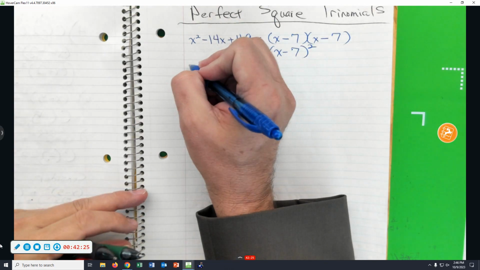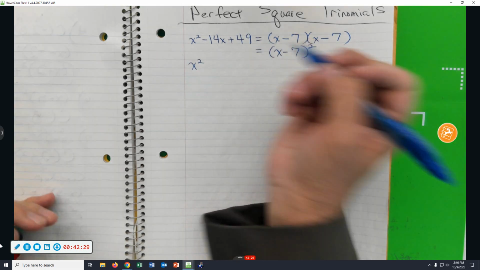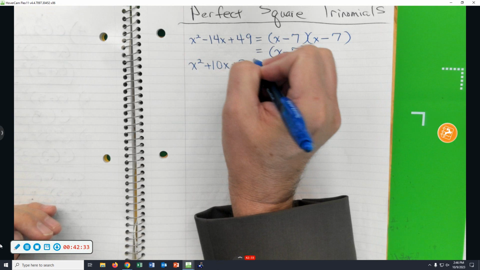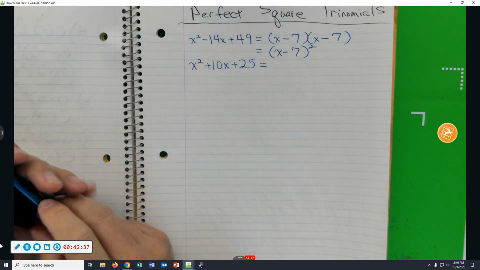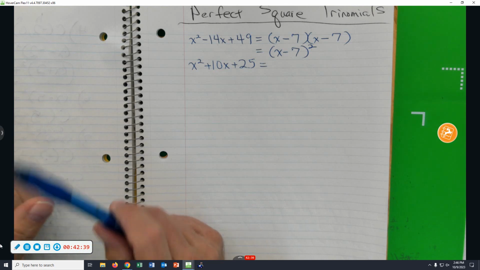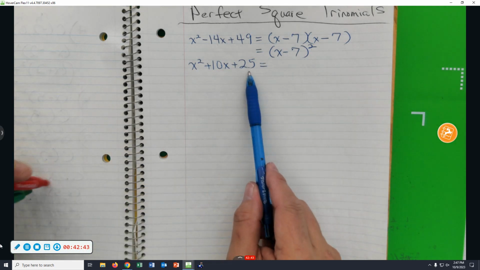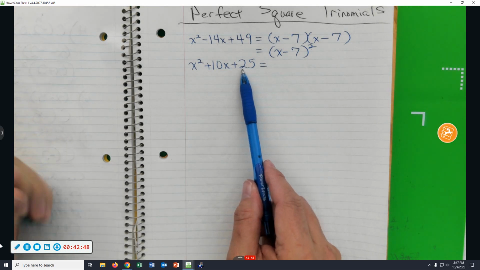Okay, I have another one. The one that we were using a moment ago. Well, it's similar to it. X squared plus 10x plus 25. If the trinomial you're looking at is a perfect square trinomial, that constant has to be a perfect square. Is 25 a perfect square? Yes.